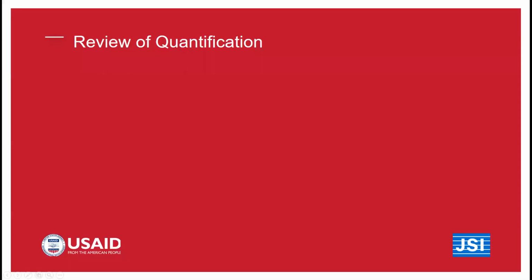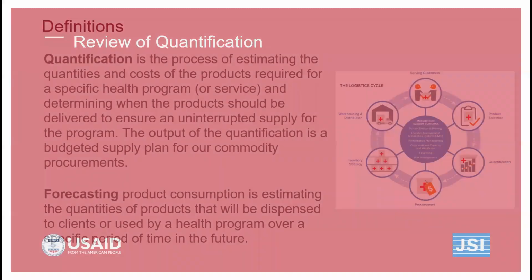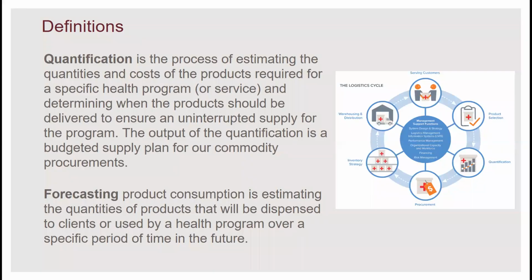Before we get into the topic of kits, let's do a quick review of what we mean by quantification and related concepts. Remember these basic definitions that we presented for quantification and for forecasting during our last webinar.